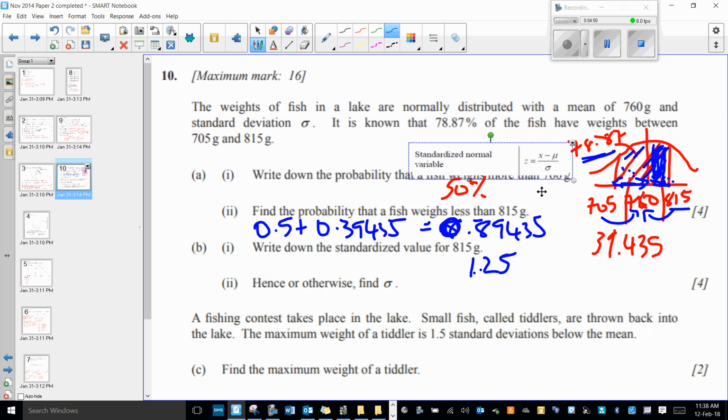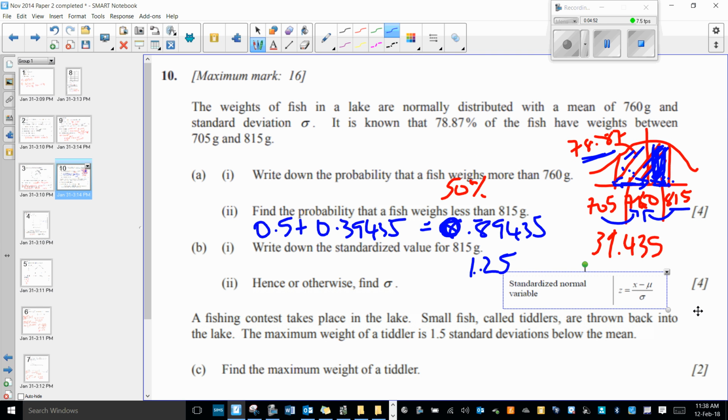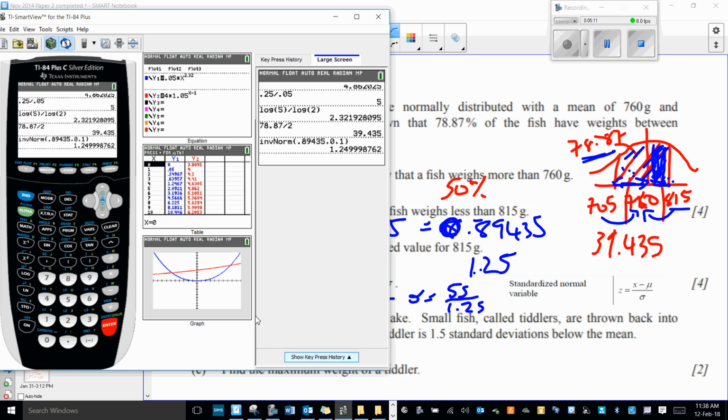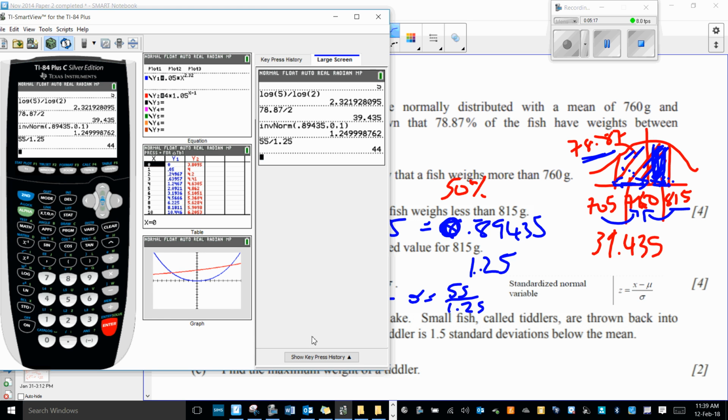We know that 1.25 is equal to 815 minus 760 over standard deviation. So standard deviation is 55 over 1.25, which is 44.